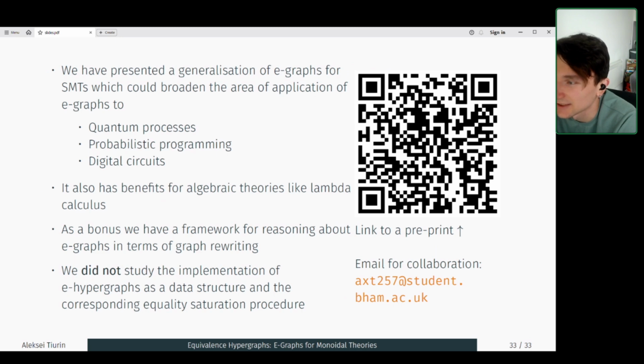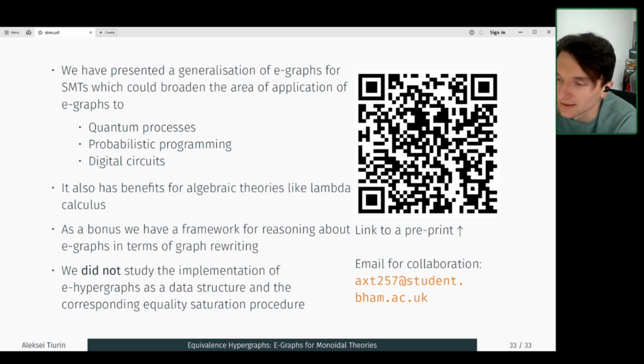These concepts can also provide benefits for algebraic theories, which are already efficiently supported by EGRAPHS, by teaching them bindings in a nice way. And as well, by writing this theoretical construction, we automatically have a framework for reasoning about graphs in terms of graph rewriting.